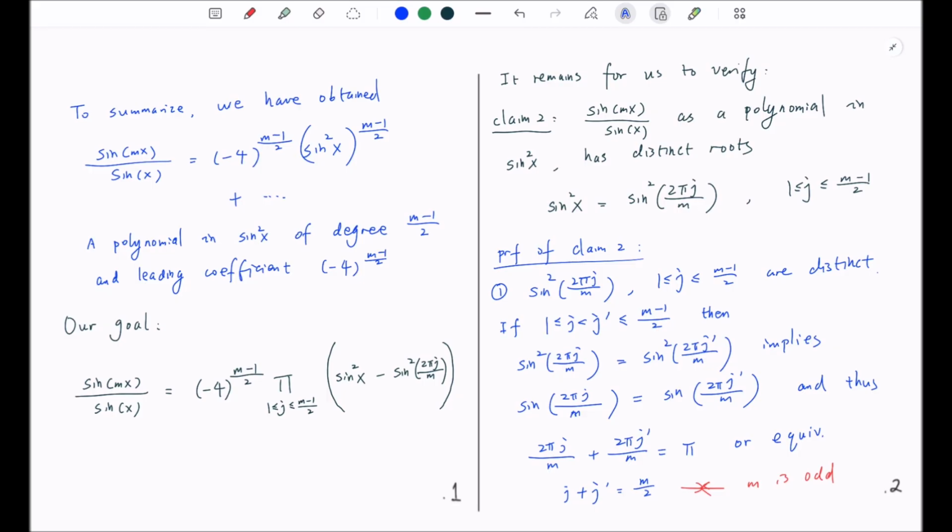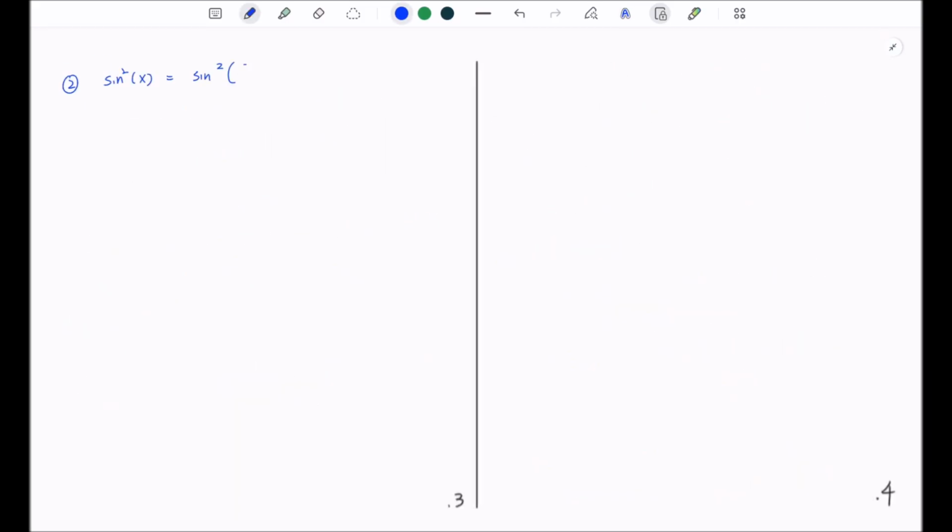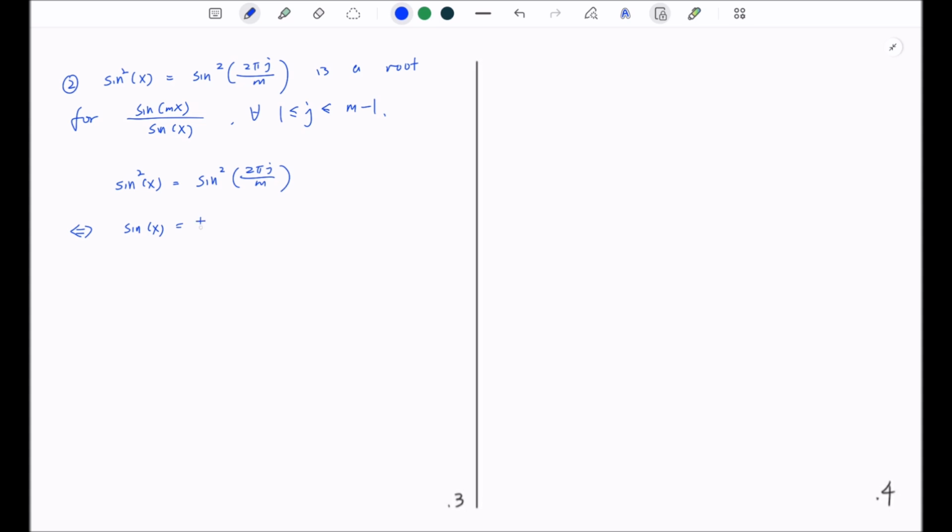So in the second step, we're going to show each of them is a root of this, viewed as a polynomial of sine x squared. So how do we verify this? This condition is equivalent to sine of x equal to plus minus sine of 2 pi j divided by m.